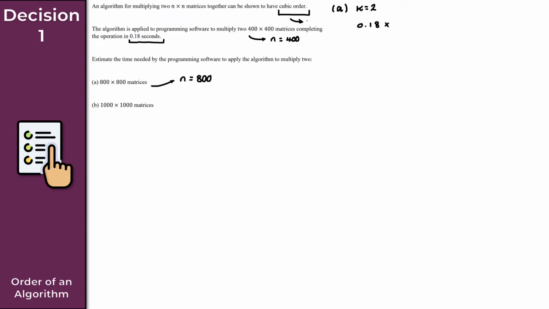So that tells us that we cube our factor. So k cubed there, okay? So we get 0.18 times by 2 cubed.